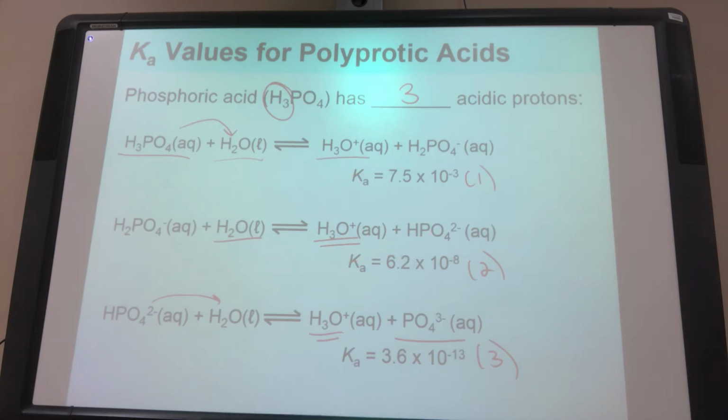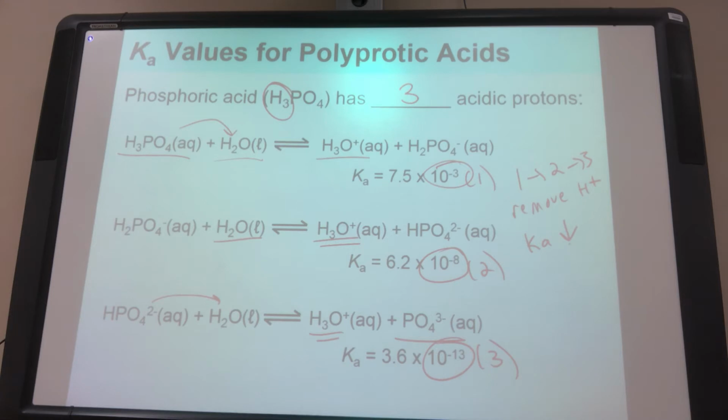Okay, so let's look at these Ks. This one's 10 to the -3, so pretty high. 10 to the -8, 10 to the -13. So as I go from my first to my second to my third, as I remove more H pluses, my Ka value is getting smaller and smaller.